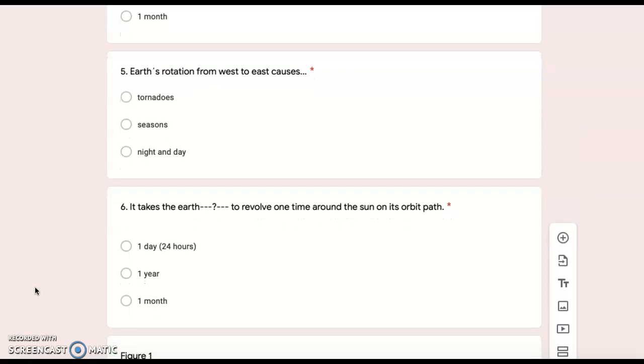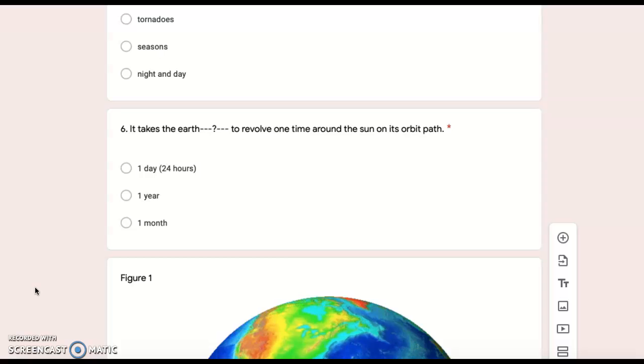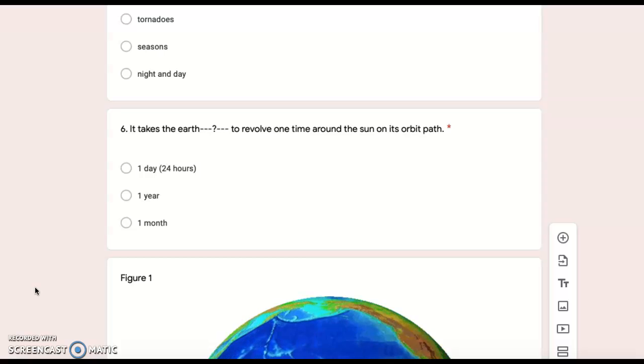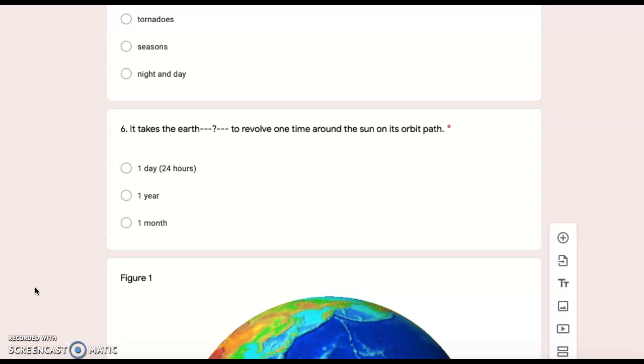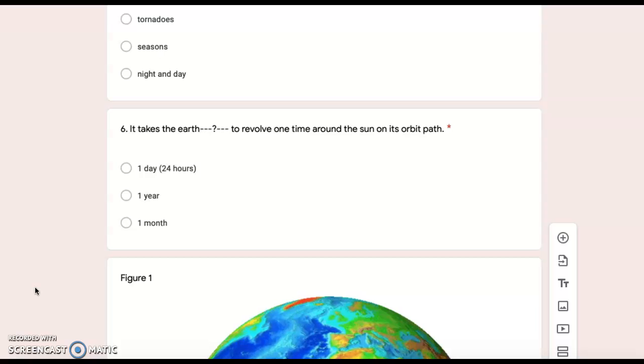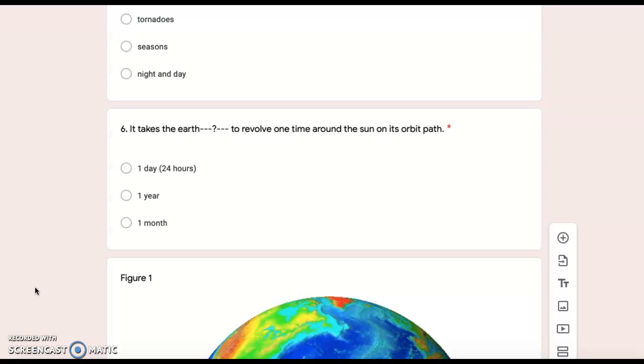Earth's rotation from west to east causes tornadoes, seasons, or night and day. Number 6. It takes the Earth blank to revolve one time around the sun on its orbit path. 1 day or 24 hours, 1 year, or 1 month.